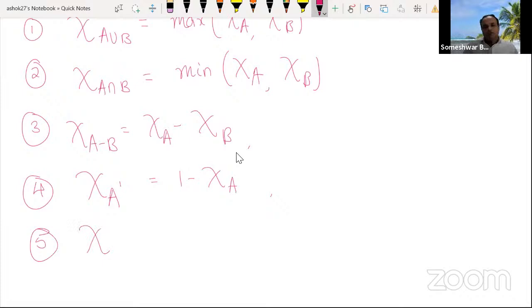If you define chi on the universal set, then chi of U will always be 1, where capital U is the universal set.